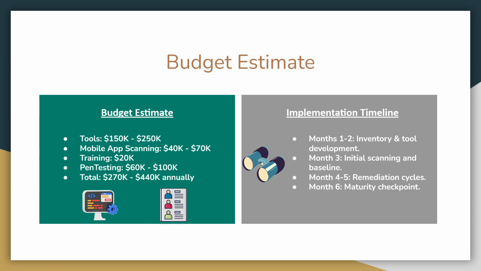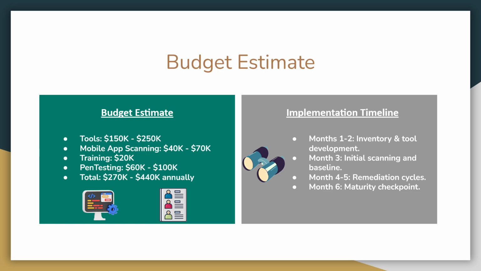This will give us a total estimate of 270,000 to 440,000 annually. And this is just a rough estimate that can fall between those two numbers, depending on what size we go with and on tool selection and licensing. And this is consistent with organizations of our size and complexity.